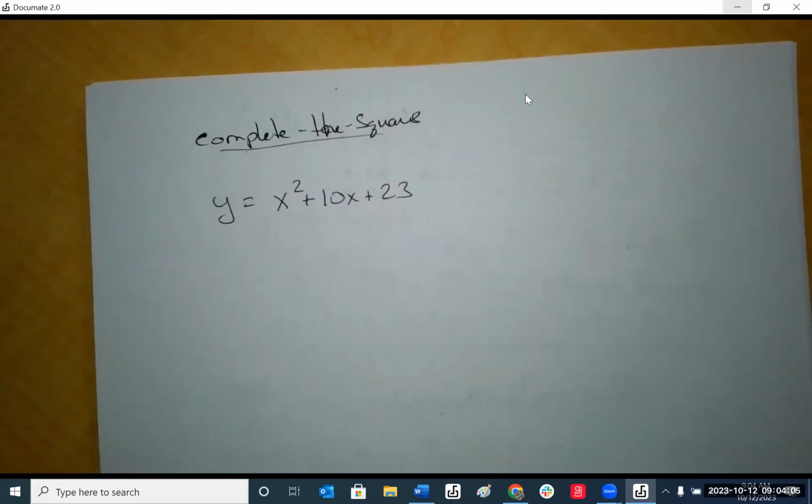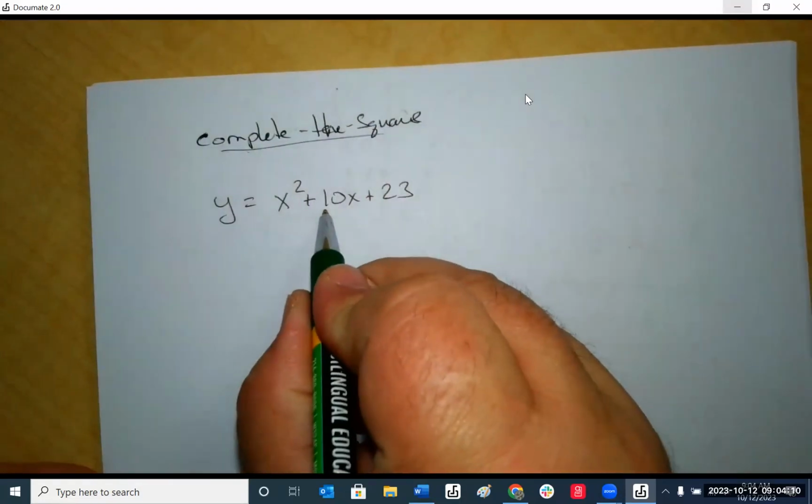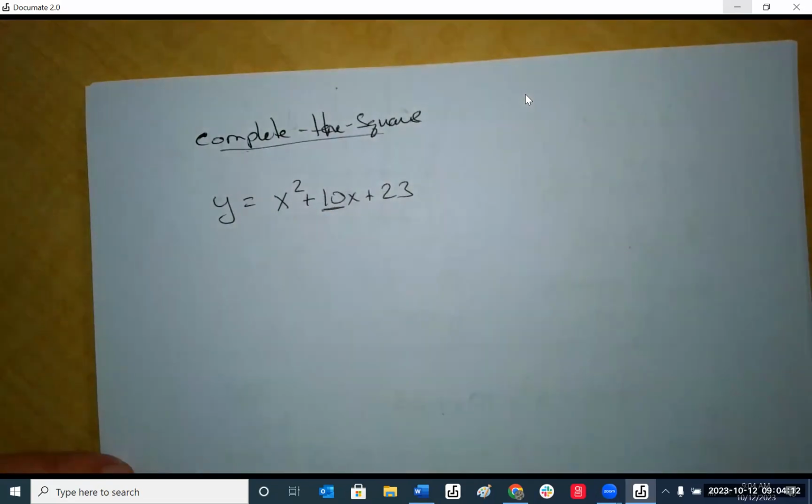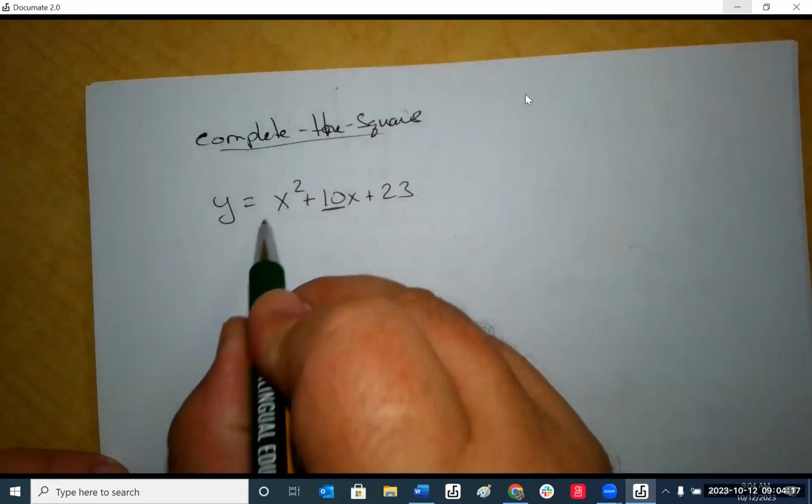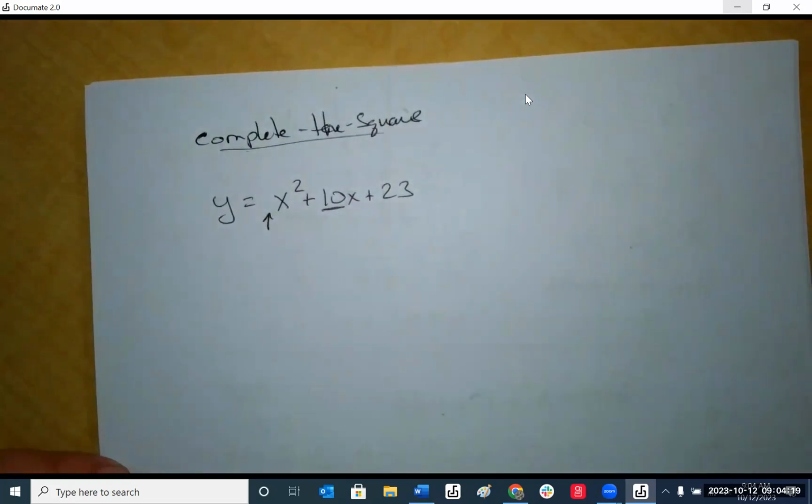And I'm just gonna give you a heads up here that the complete the square method works best if you have an even integer in the middle, after you get your leading coefficient to be 1.